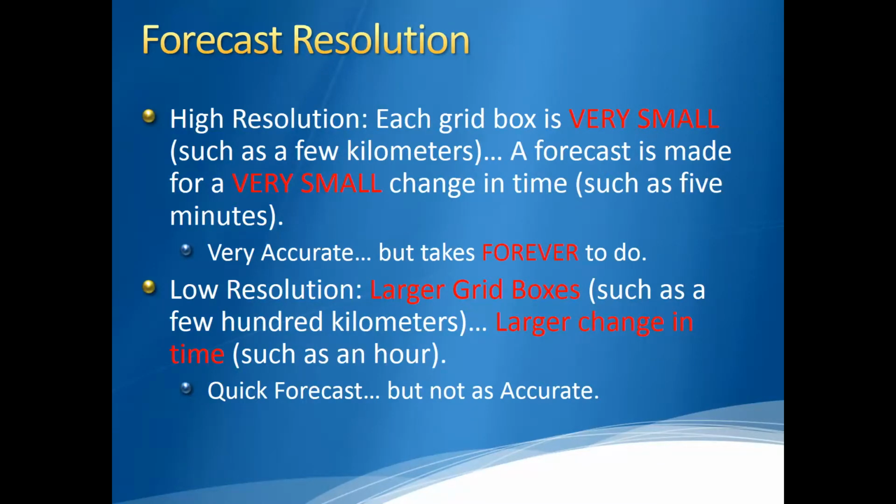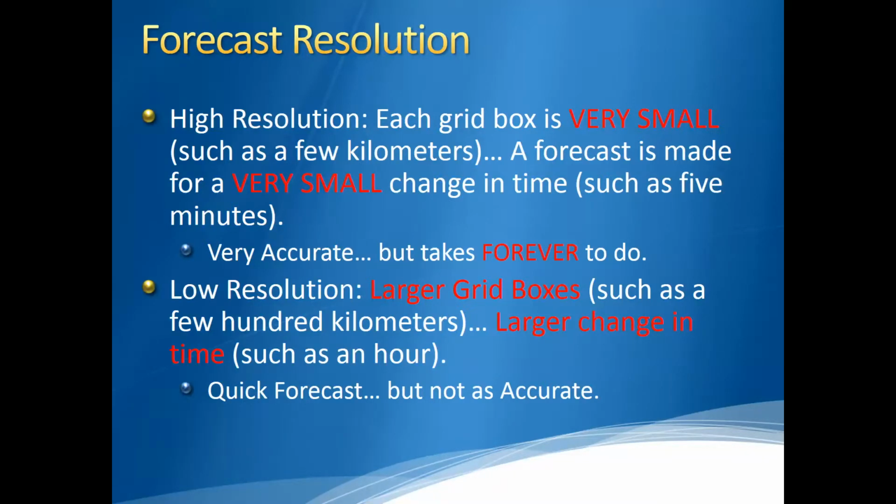This isn't something you can just do on a laptop computer or on your iPhone. This is something that requires what are called supercomputers to do. And even with a supercomputer, some of the world's top computers, it could still take hours to make a 24-hour forecast with a high-resolution forecast.